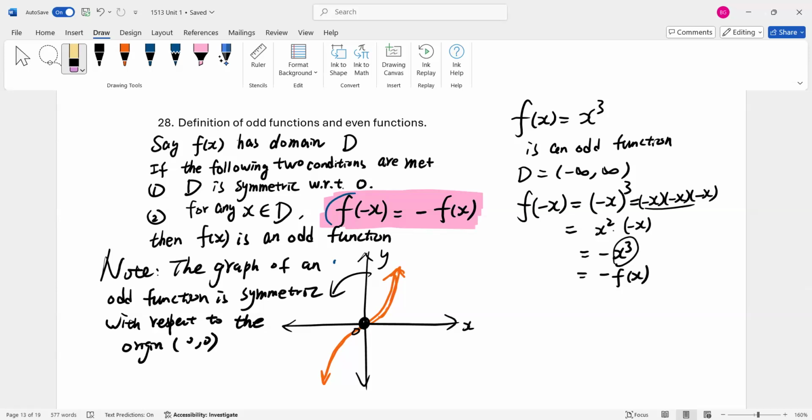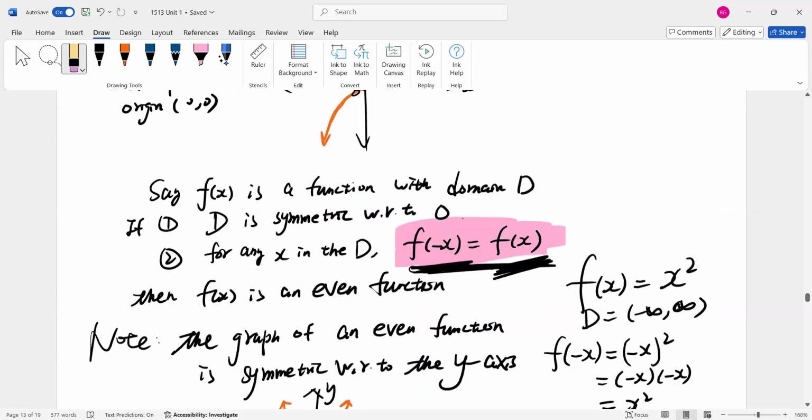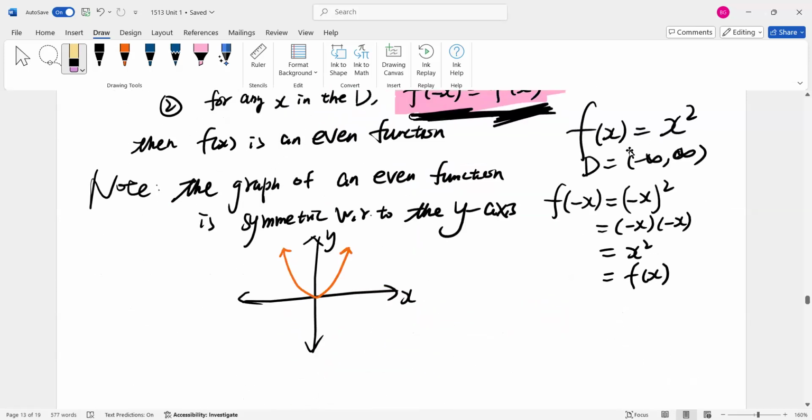Every time you need to deal with the concept, you think about the example, very simple. It's easy to remember, and all the features and characteristics will help you remember the definition, the concept. So when we talk about odd function, we want to think about the cubing function, right? When we think about even function, the square function is a good example.